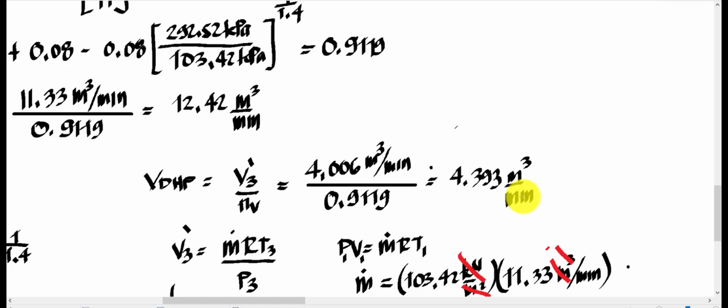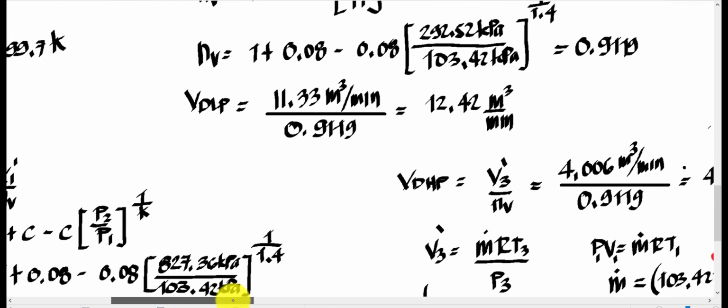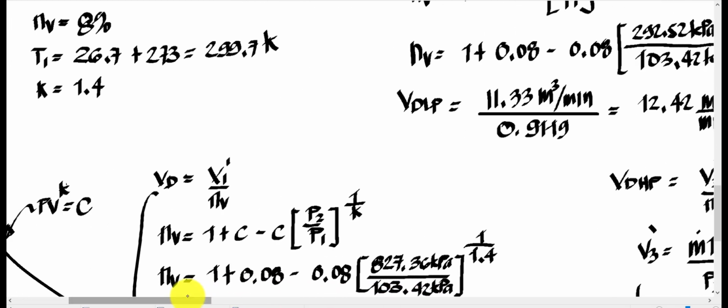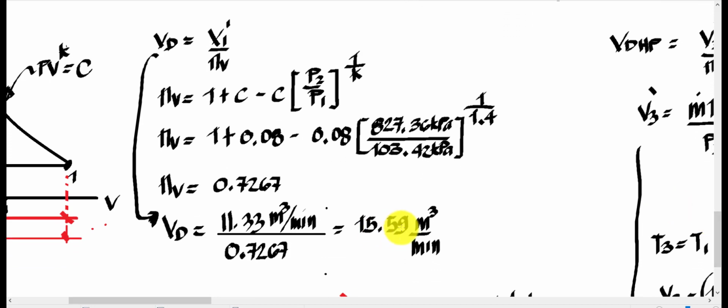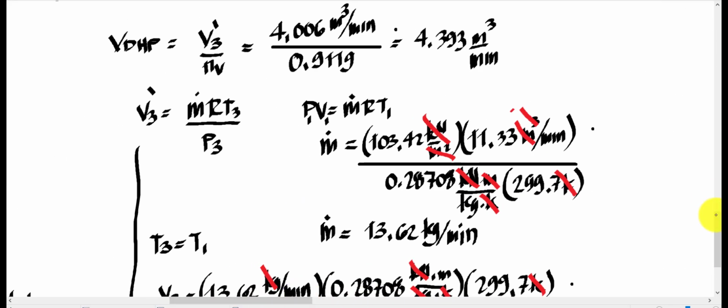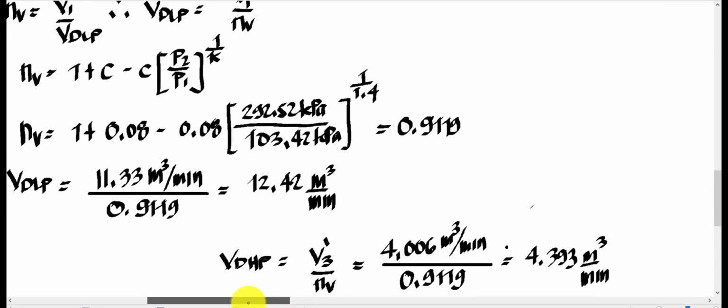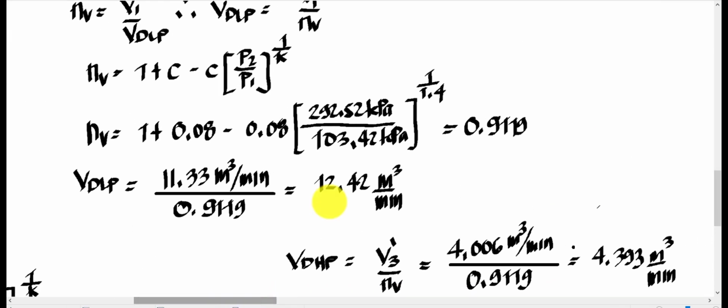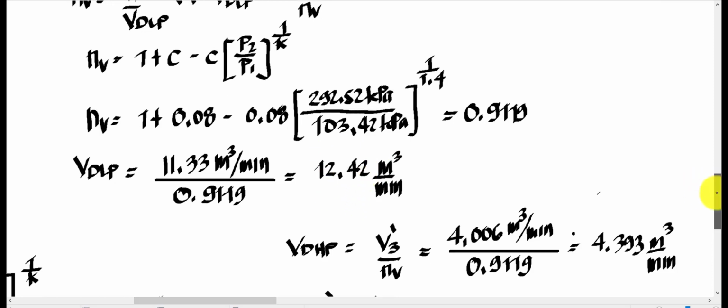So comparing it to the initial volume displaced: at the low stage, we have the volume displaced, which is 12.42.